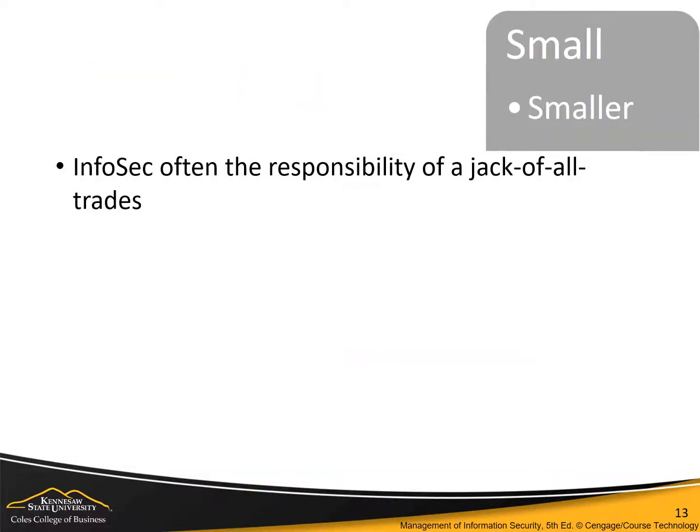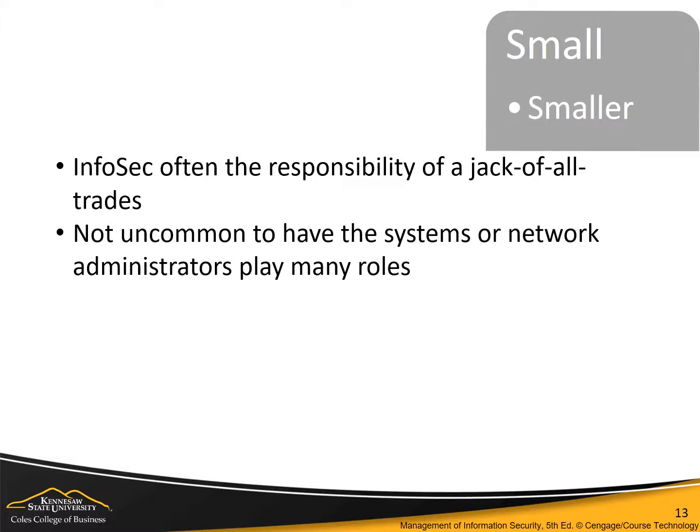In contrast, smaller organizations typically create fewer groups, perhaps only having one general group of specialists. InfoSec may become the responsibility of a jack of all trades, a single security administrator with perhaps one or two assistants for managing the technical components. It is not uncommon in smaller organizations to have the systems or network administrators play these many roles.